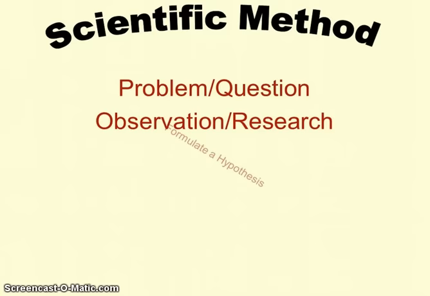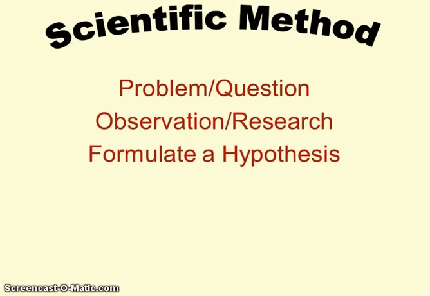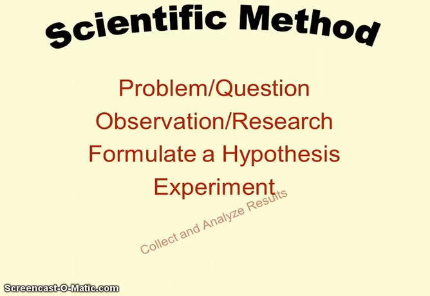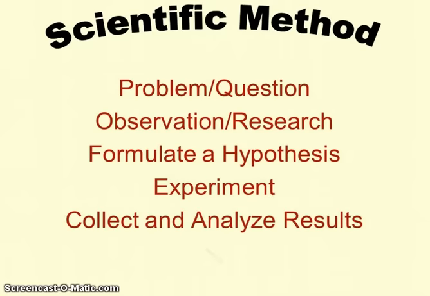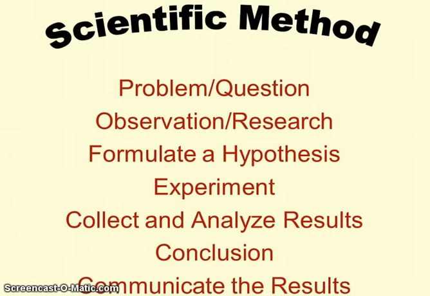So in your notebook, I would like you to write down the scientific method at the top as your title. And then I would like you to write these 7 different steps that we're going to be studying, leaving spaces in between each of them, so we can later in other videos begin to describe them a little bit more, give them a good definition, and be able to remember what each of them is.